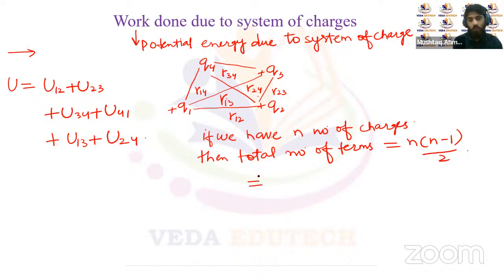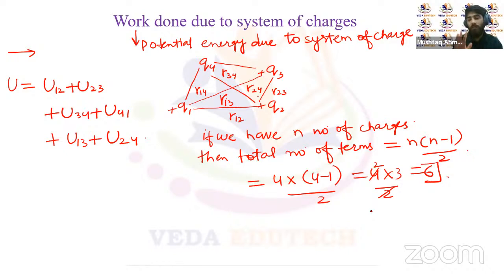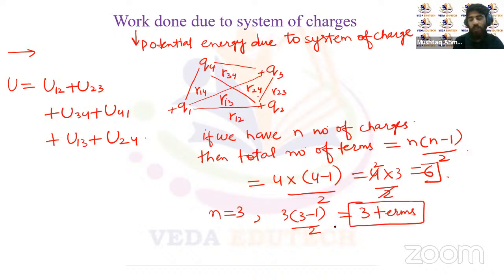Then the total number of terms will be 4 into 4 minus 1 upon 2, that's 4 into 3 upon 2, and the 2s cancel. We'll be left with 6. So for 4 charges, we have 6 energy terms, and similarly for 3 charges, n equal to 3, we will have 3 into 3 minus 1 upon 2, that's 3 terms only, correct?